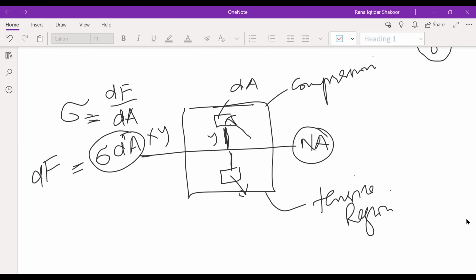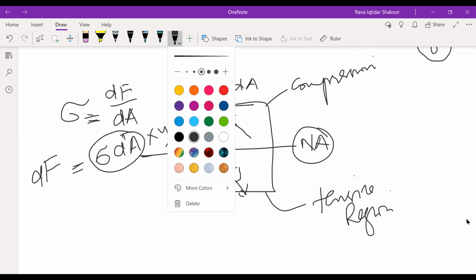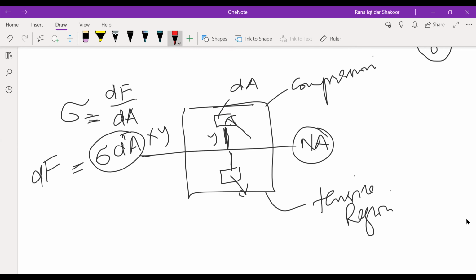Now see how the moment will be going. If this is the neutral axis, right? So about this axis, if force will come, it will try to rotate this one into this direction, and similarly this will also try to rotate this into this direction, right?